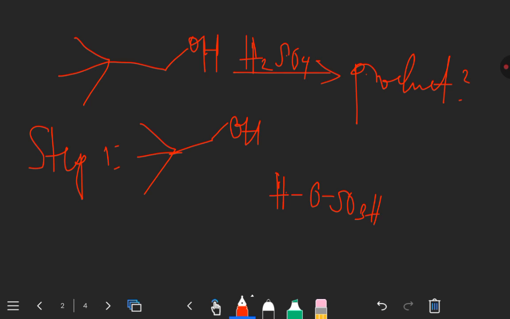It is still sulfuric acid. We have lone pairs on oxygen there. These lone pairs will grab a hydrogen there. Then the bond between hydrogen and oxygen is going to break, taking the electrons to oxygen.